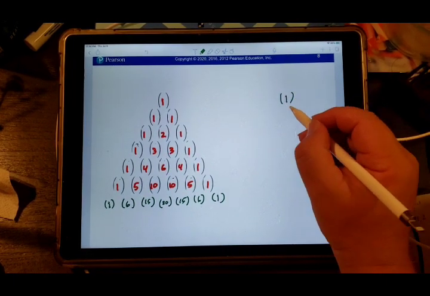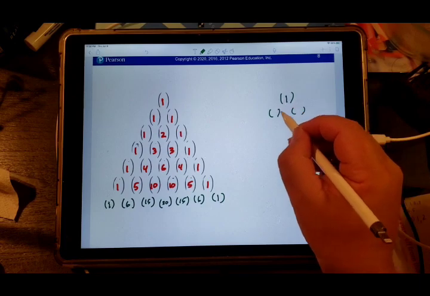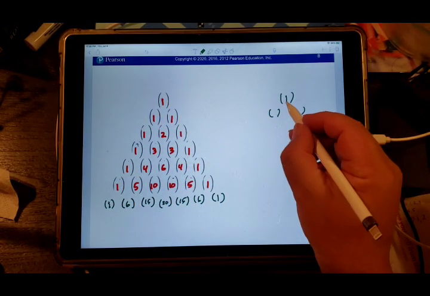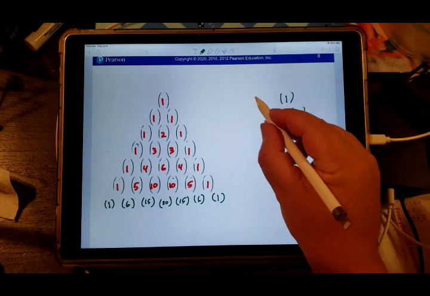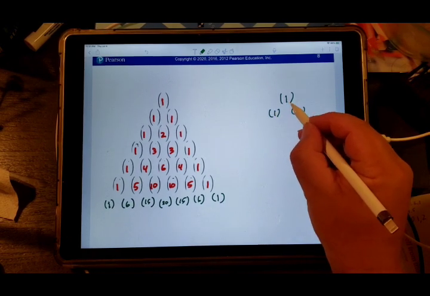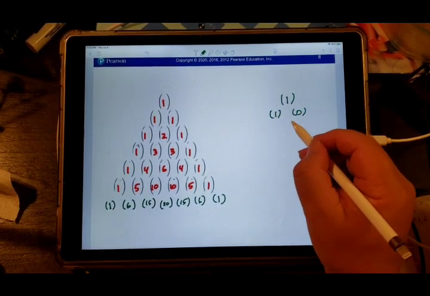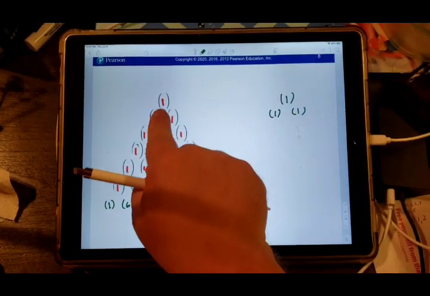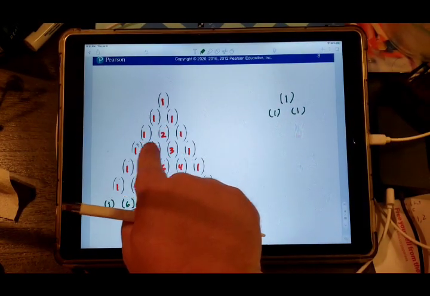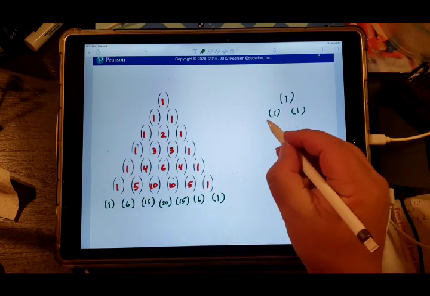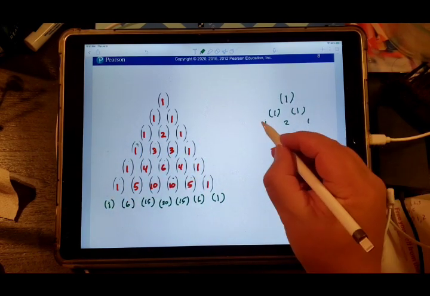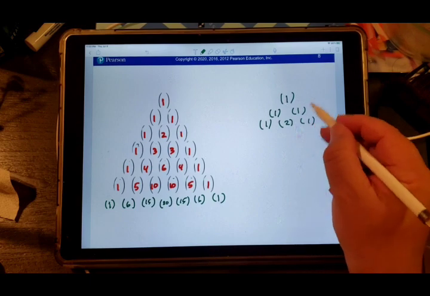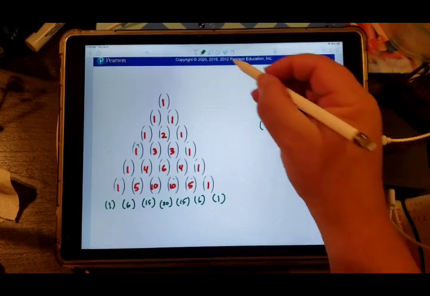What am I adding to figure out what these two terms are? Well, I'm adding this 1 plus nothing. That explains the top of this formula. But how about this? 1, 2, 1. Yeah, it's 1, 2, 1 because of what I'm adding to get there.